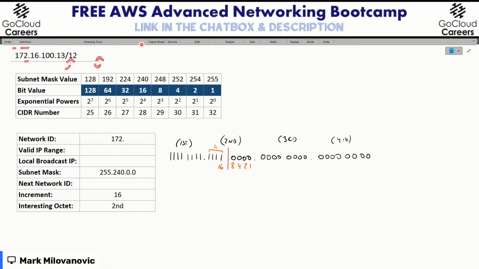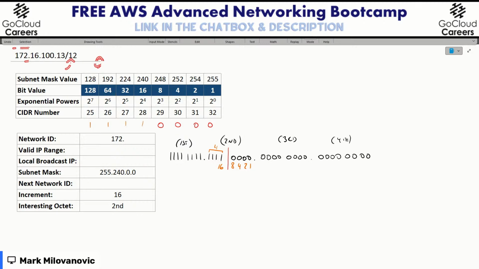The value 16 is derived based on the value of this binary position. So if you looked at this, the way this would look right now is we turned on the 128-bit, 64, 32, and the 16. The remaining bits were set to 0 because they belong to the host.